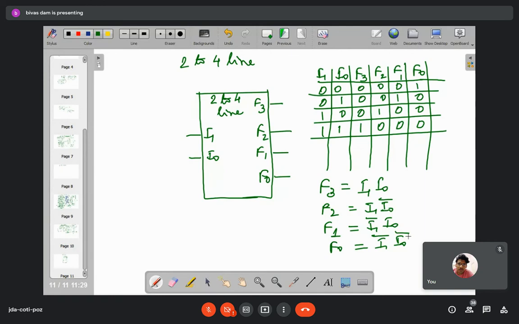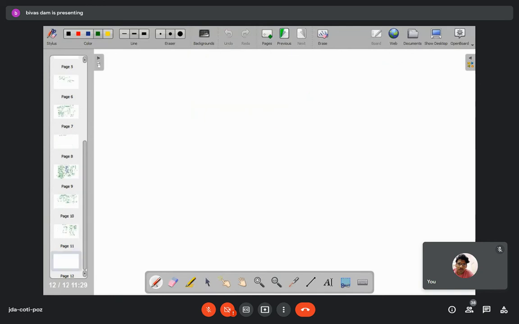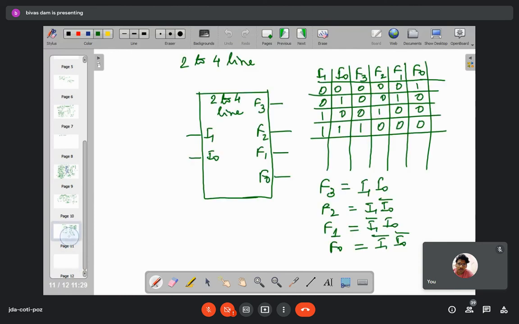So circuit diagram wise, what will be the complexity of this particular circuit? What are the components required? 4 2-input AND gates and 2 inverters.